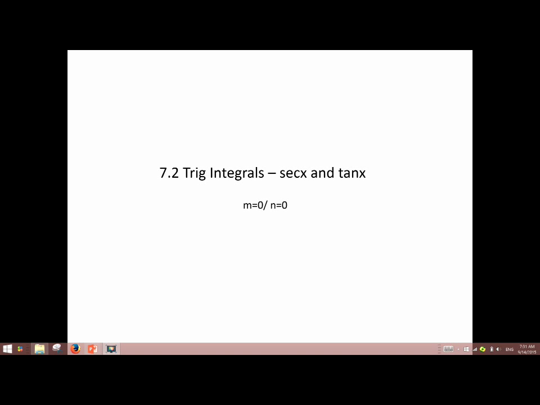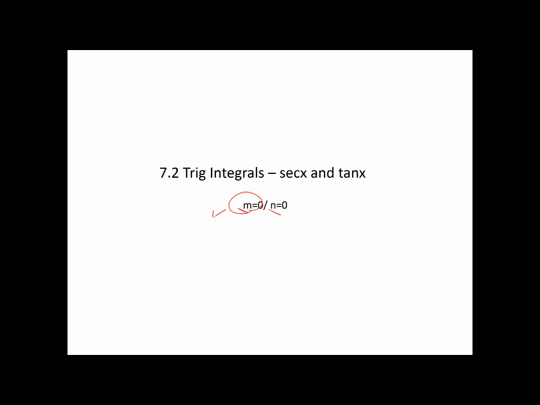Hello, in this video I will talk about the last part of 7.2, the secant and tangent integrals with m equals 0 or n equals 0. So when m equals 0, if we say the integral of secant x to the m, tangent x to the nth dx, this secant part goes to 1.